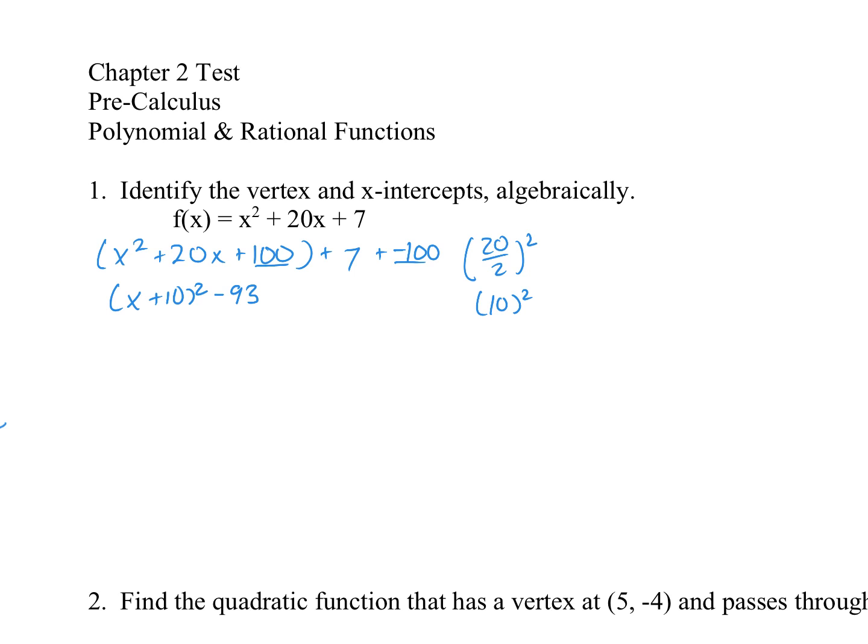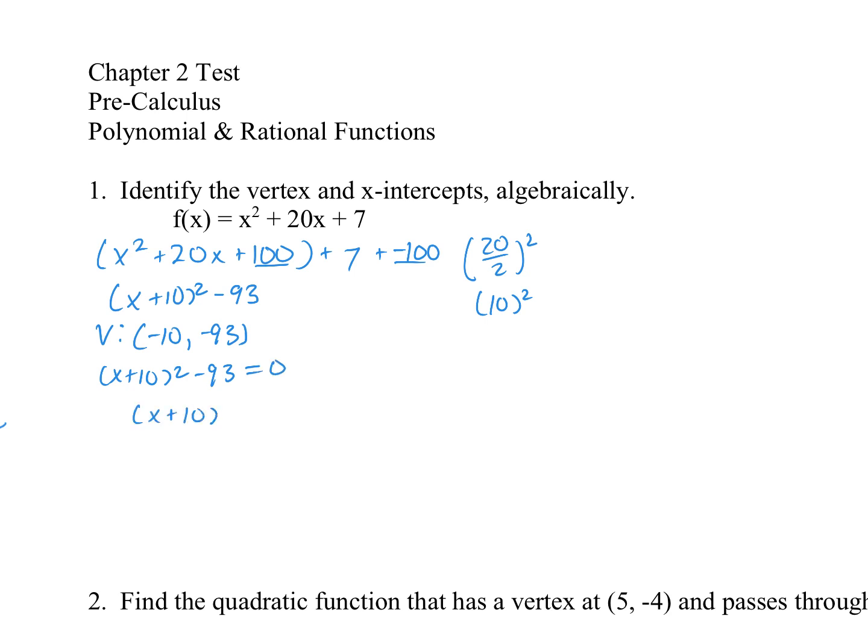So now this is my vertex form. So my vertex is negative 10, negative 93. To find the x-intercepts, I can then set it equal to 0 and solve. So x plus 10 squared minus 93 equals 0.